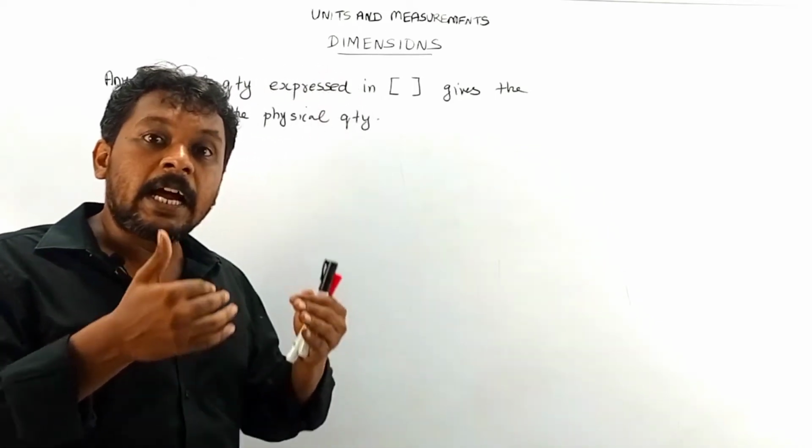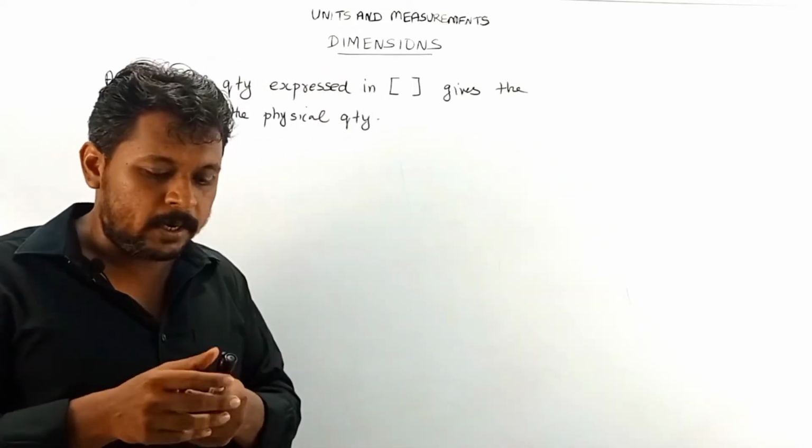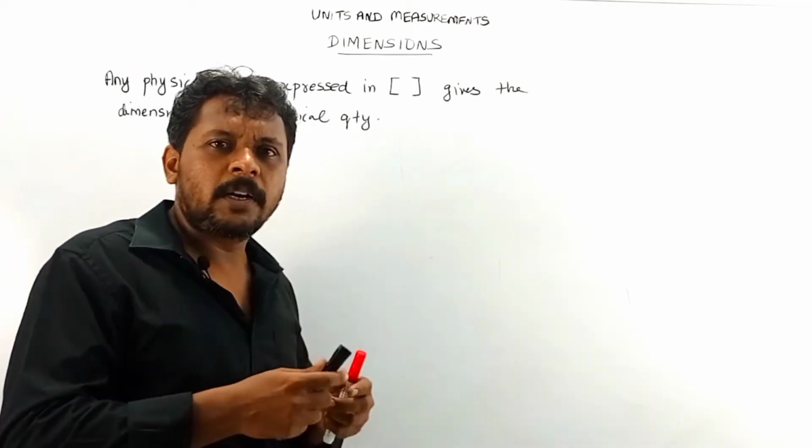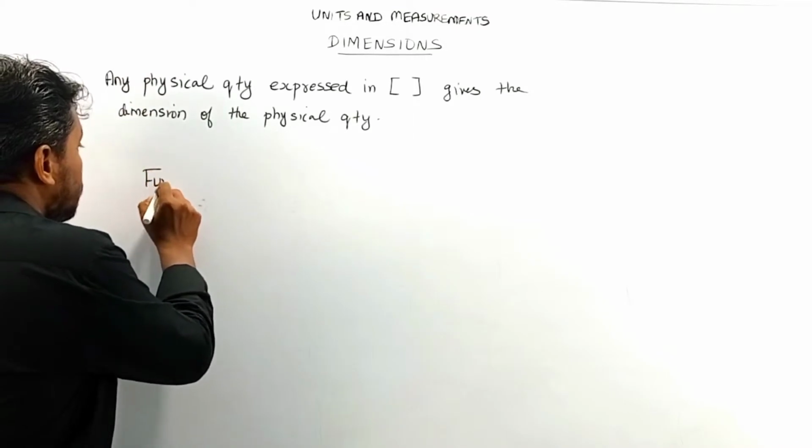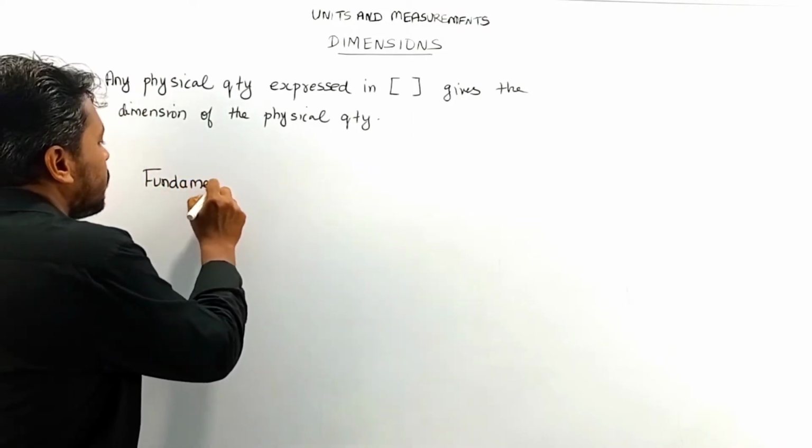First, we will see the dimensions of the fundamental quantities. So, what are the fundamental quantities? You know that physical quantities are divided into two, and one is fundamental quantities.